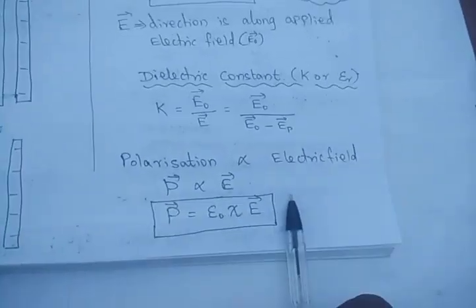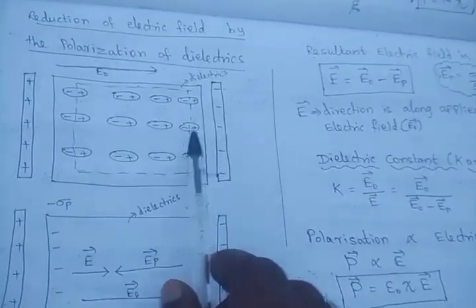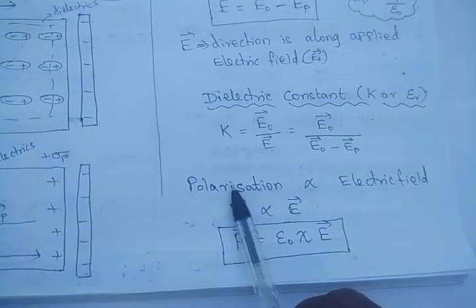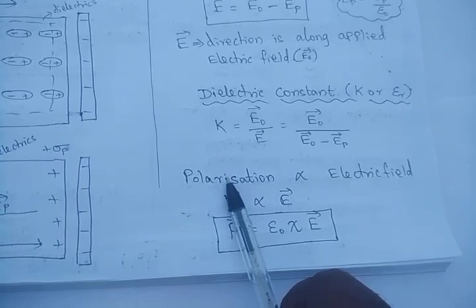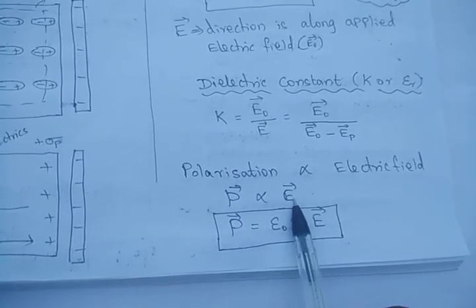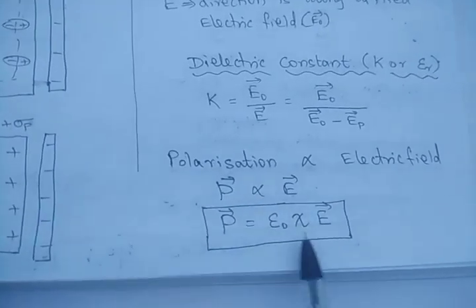As the electric field is applied and increases, the polarization also increases. That is, the polarization vector is directly proportional to the electric field vector. This proportionality can be removed by introducing epsilon naught into psi.